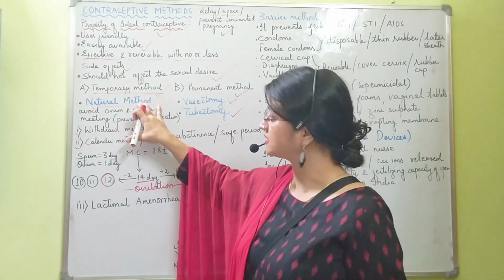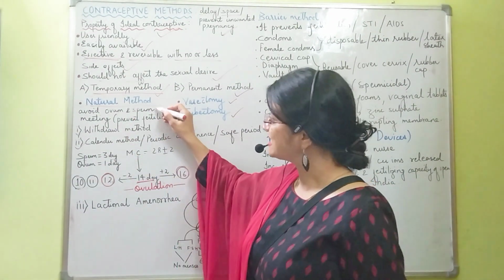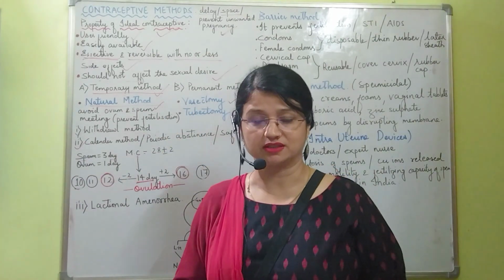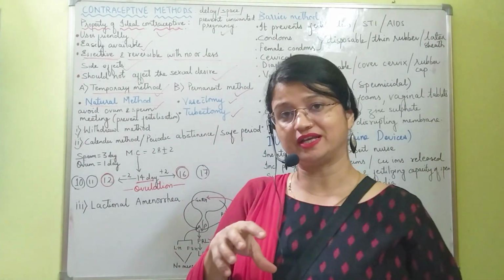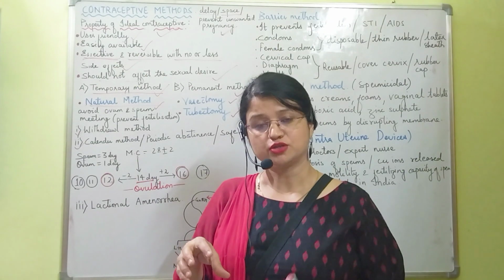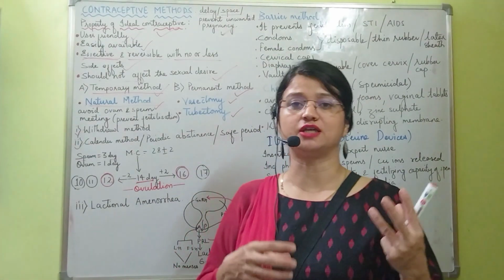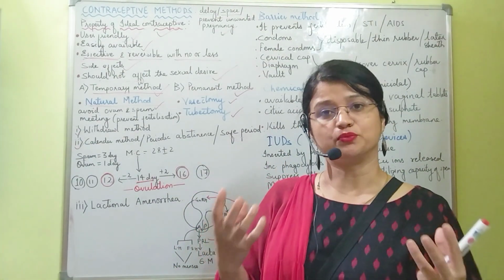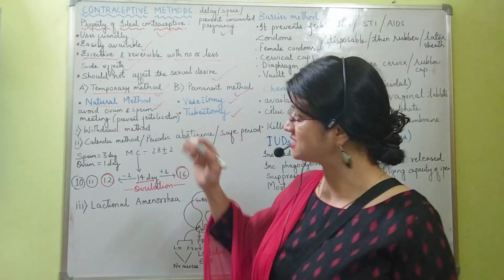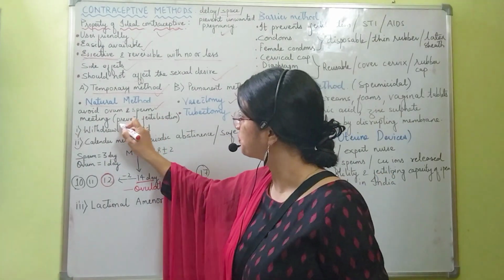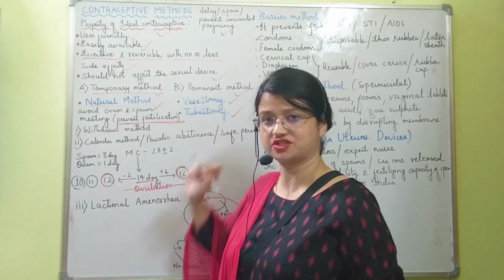What is the principle of the natural method? Here we are preventing fertilization. We are not allowing the ovum and the sperm to meet and fertilize. So it is based on this principle of preventing fertilization.